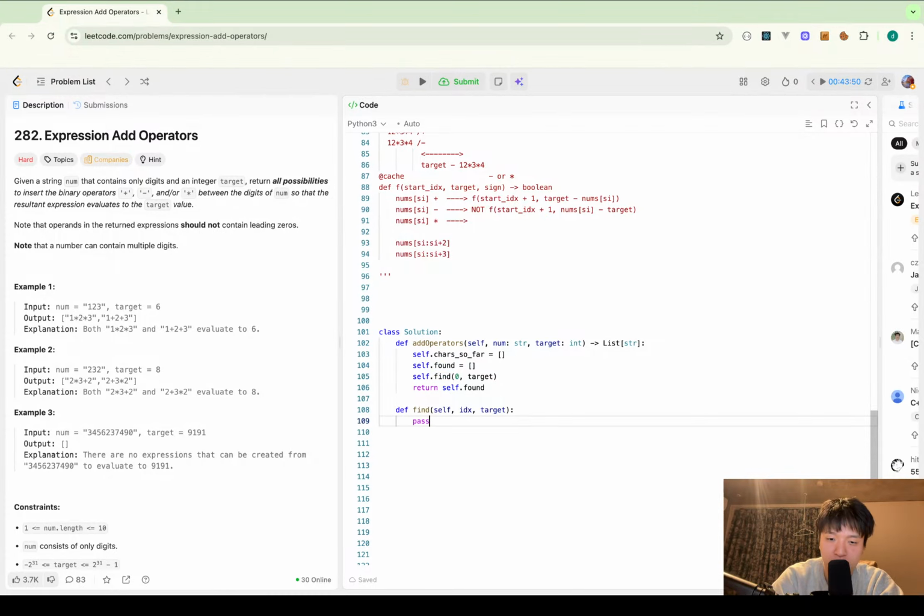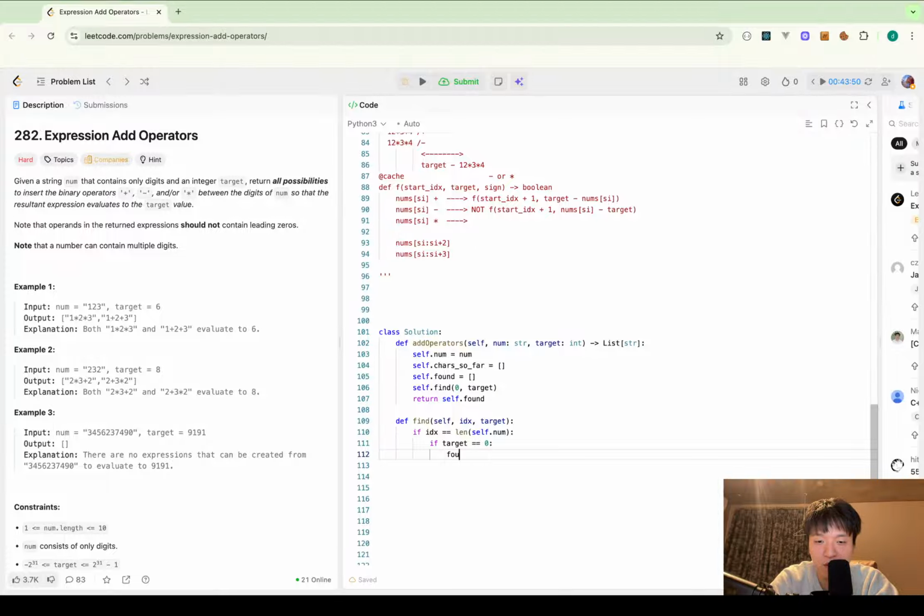So if index is the end, and if target is equal to 0, I can say I could create it.